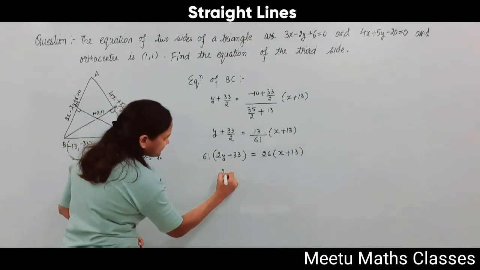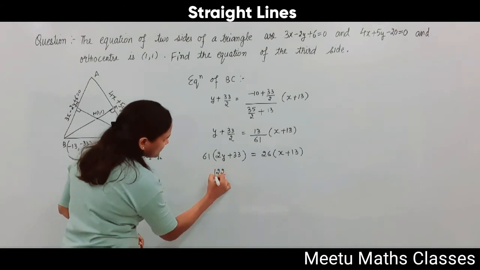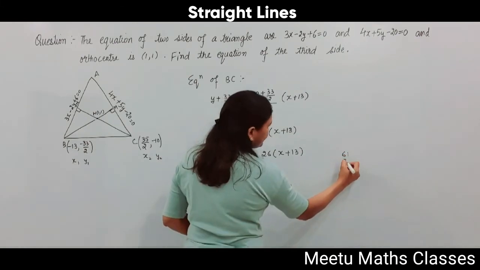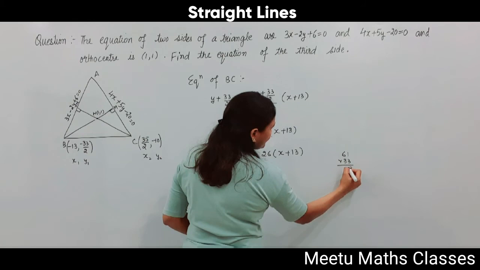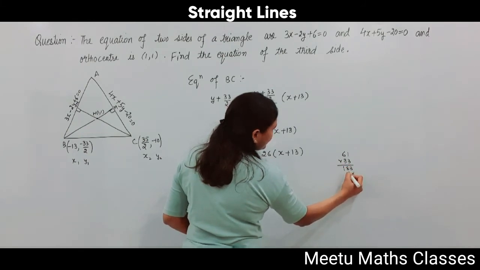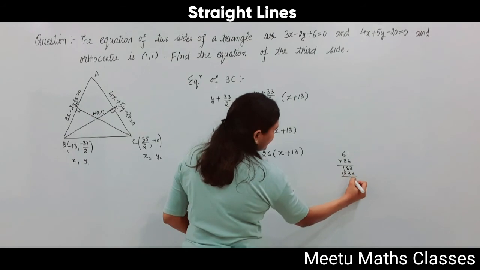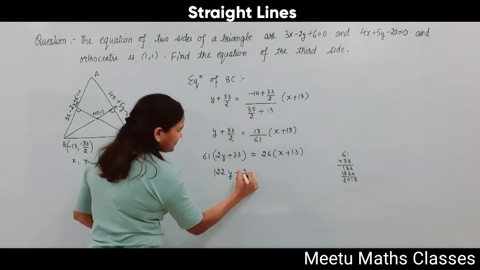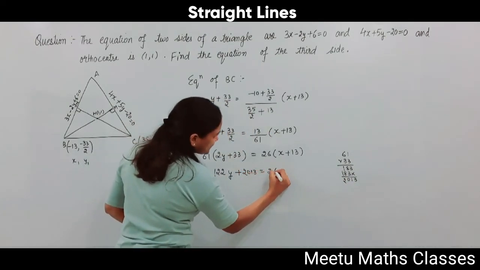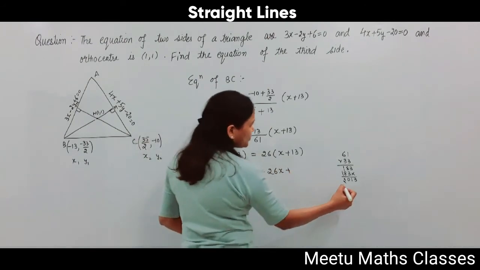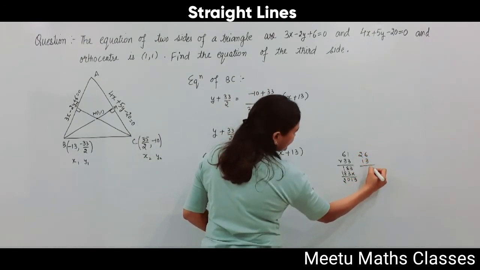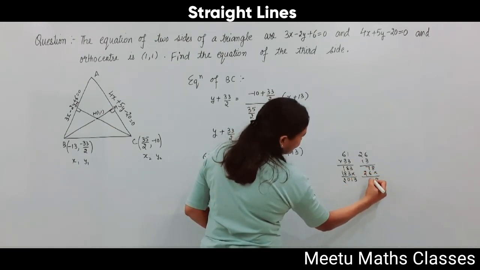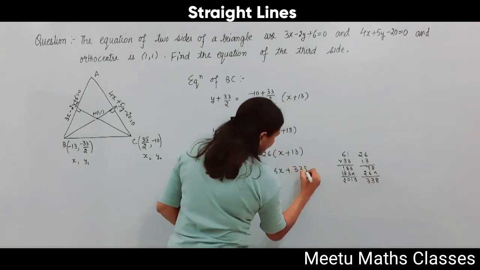This gives 122y plus 2013 equals 26x plus 26 into 13, which is 338.